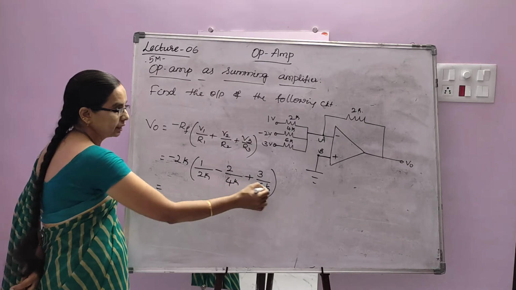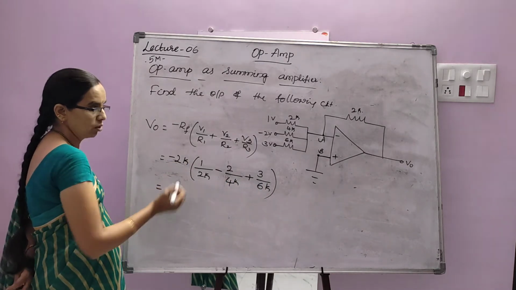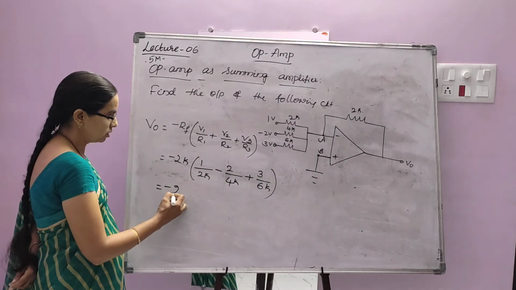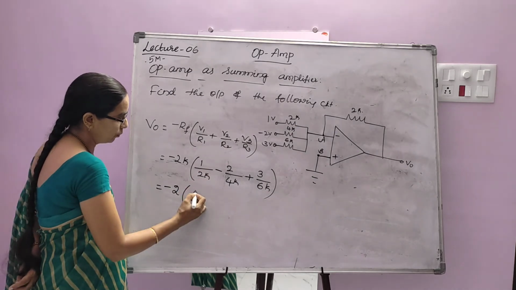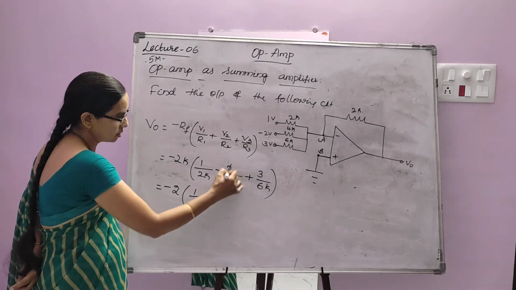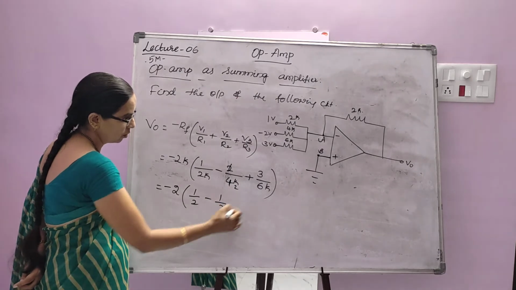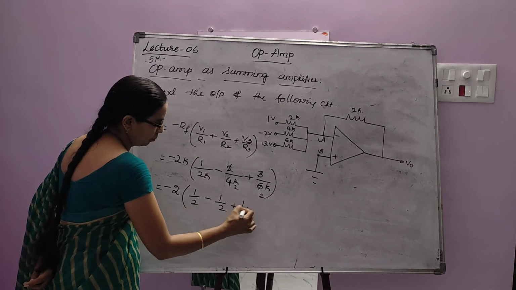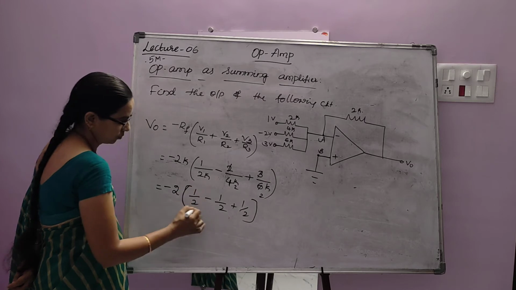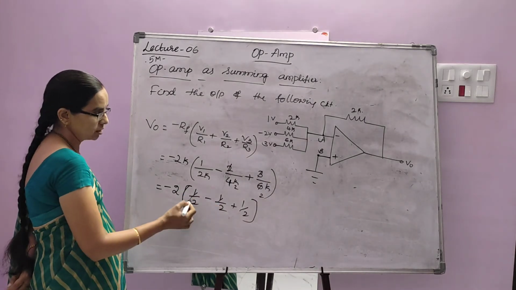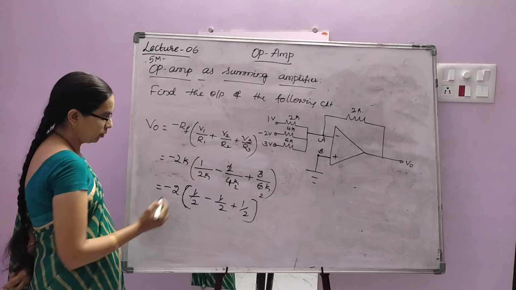So if I take kilo common, this kilo will get canceled. So minus 2 into 1 by 2 minus 1 by 2 plus 1 by 2. So this 2 gets canceled, 1 by 2, this will be 1 by 2 again.